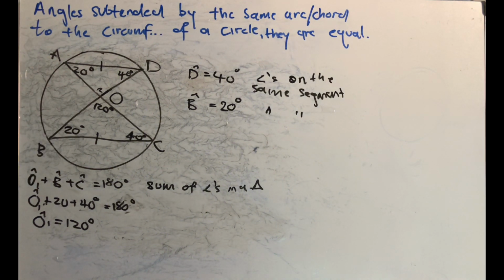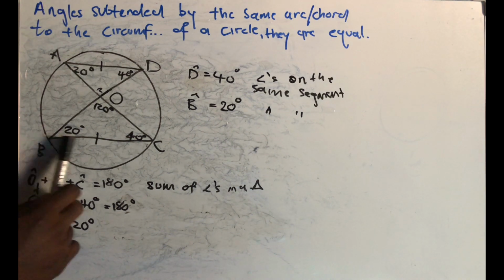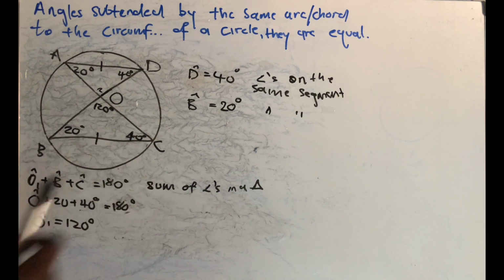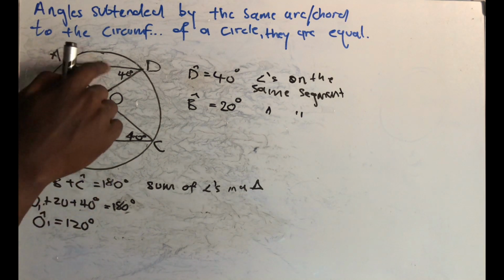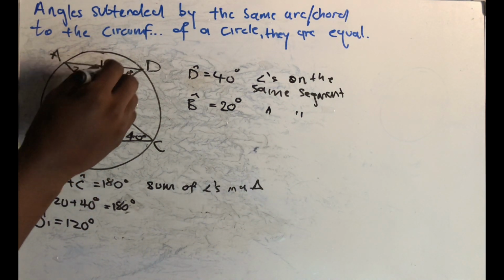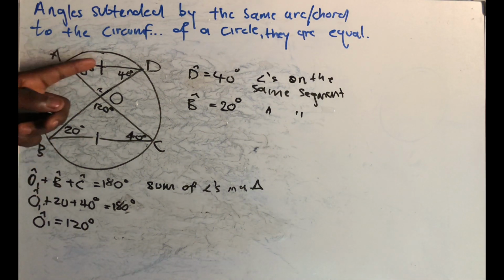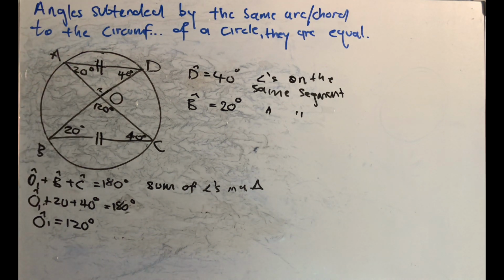What is angle O2? For angle O2, you can do the very same thing that we've done on this side, or you see that this is a chord equal to another chord. Chord AD is equal to chord BC. They told you that they are equal with this mark. This represents that the chords are equal, or if maybe it's not a chord, it's just a line, they show you that the lines are equal.